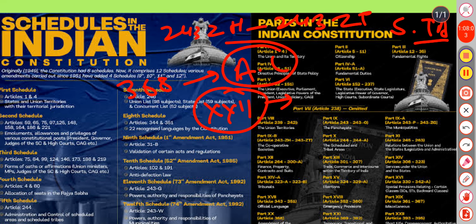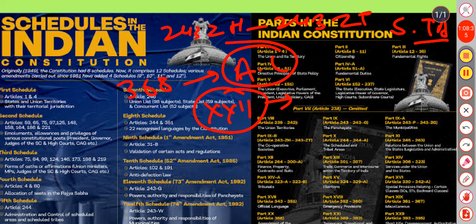Now ninth schedule, validation of certain acts and regulations. And 10th schedule, provisions as to disqualification on the ground of defection, anti-defection law introduced by the 52nd Constitutional Amendment Act. Now 11th schedule, power, authority and responsibility of panchayats, 29 subjects over which the panchayats have jurisdiction, referred to in the 73rd Constitutional Amendment Act.